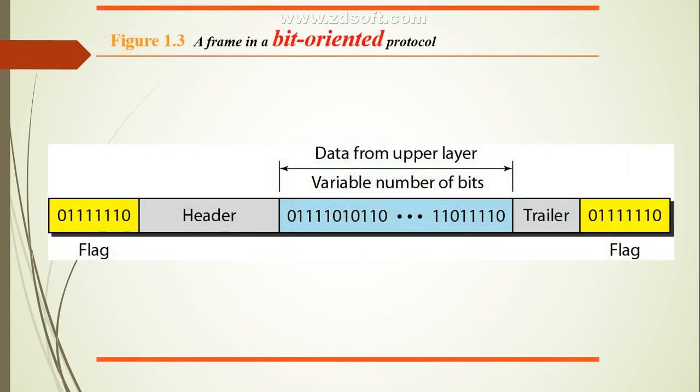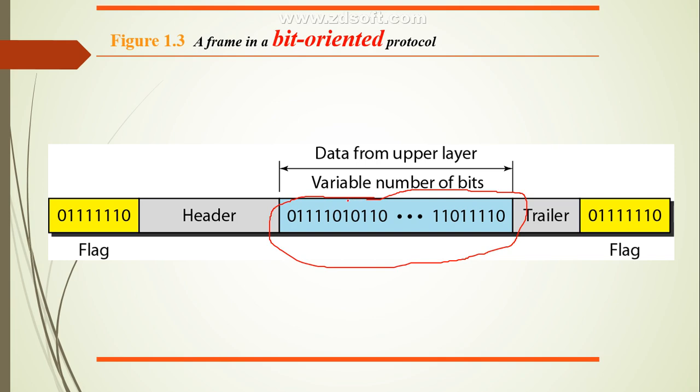Now, moving towards the bit oriented protocol. In bit oriented framing, what happens? This is your data section.